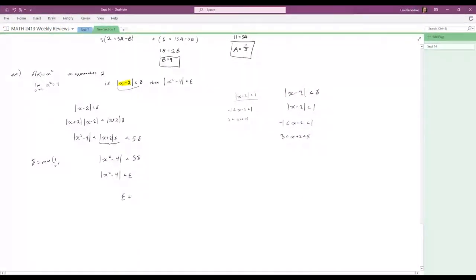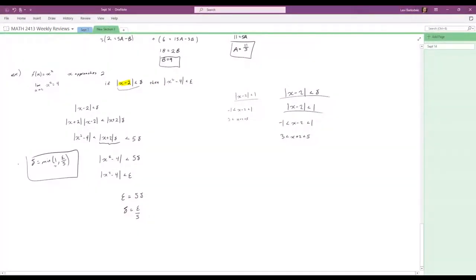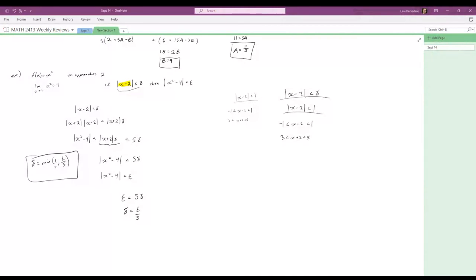So then I can let my epsilon equal 5 delta in the case where x minus 2 is smaller than 1. Or in other words, my delta would be the minimum. Sorry, if I divide both sides of this, my handwriting is getting worse and worse. If I divide both sides of this by 5, I would get delta as epsilon over 5. So my delta I would pick to be the minimum of 1 and epsilon over 5. Does this whole process make sense?